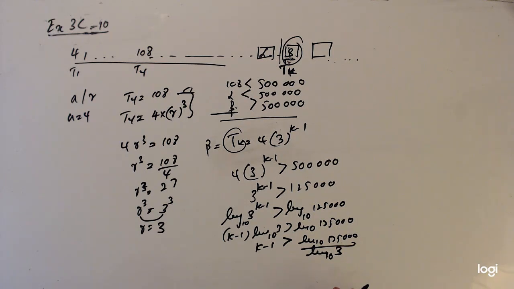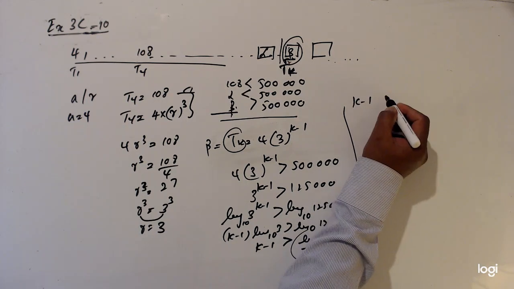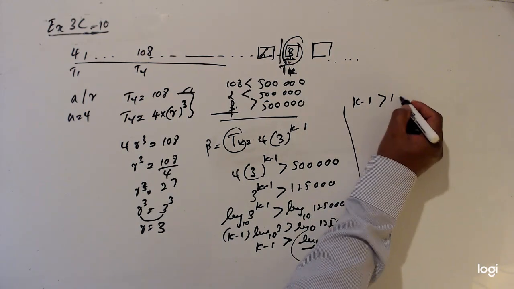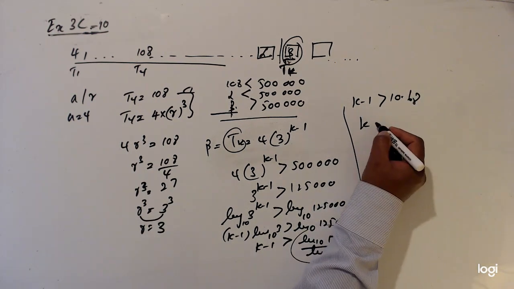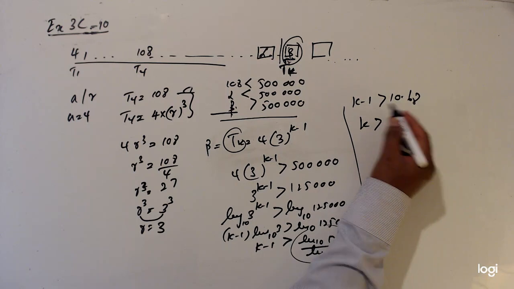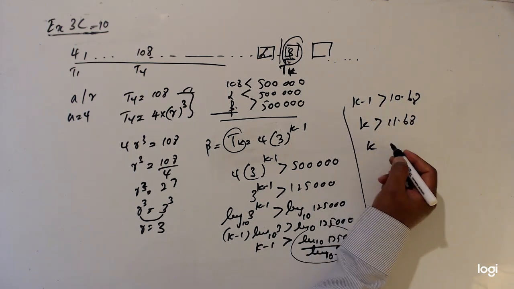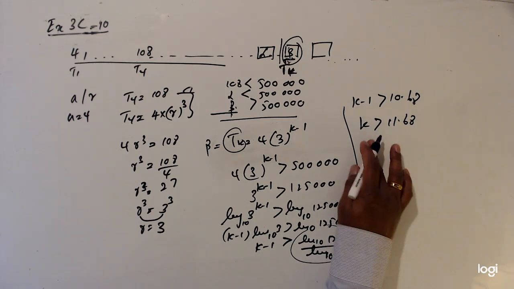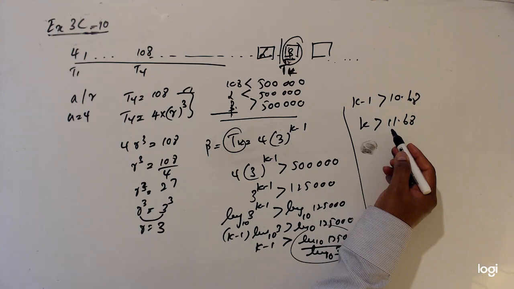So when you calculate this value, you may get k minus 1 approximately 10.68. So k is greater than 11.68, moving the minus 1 to the other side. It can't be 11 because 11 is less than that.